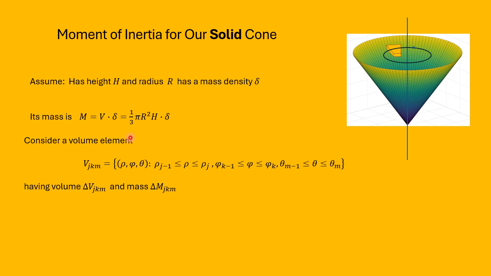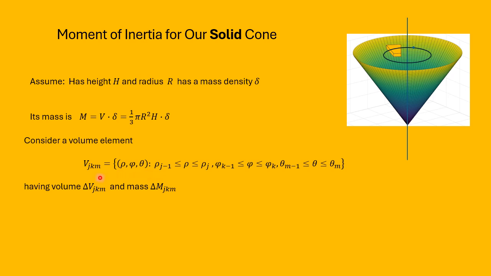So we'll consider a volume element, maybe this one right here, the wedge. It's a set of points having those spherical coordinates such that rho is between rho sub j minus 1 and rho sub j, phi is between phi sub k minus 1 and phi sub k, and theta is between theta sub m minus 1 and theta sub m.